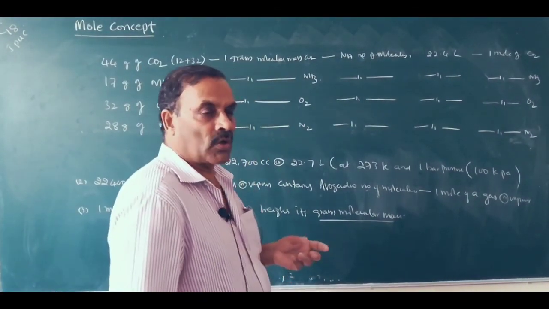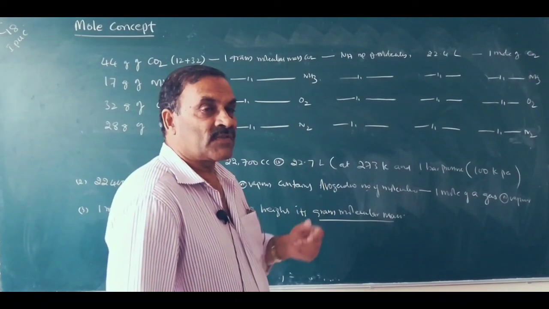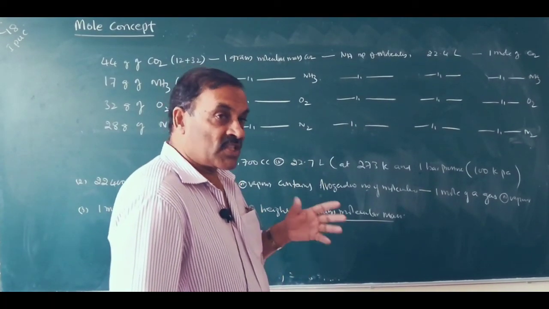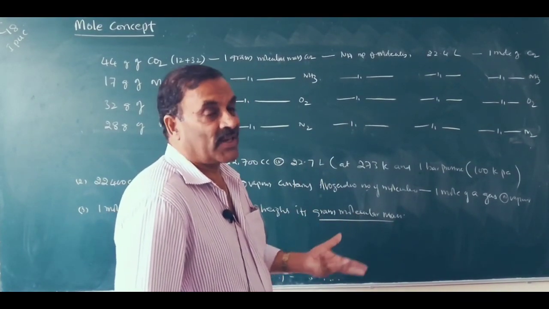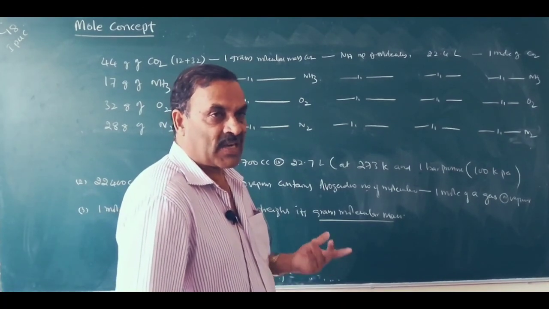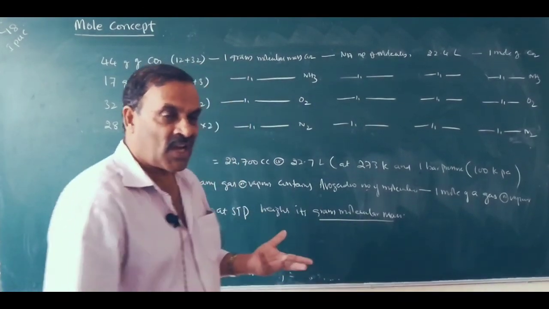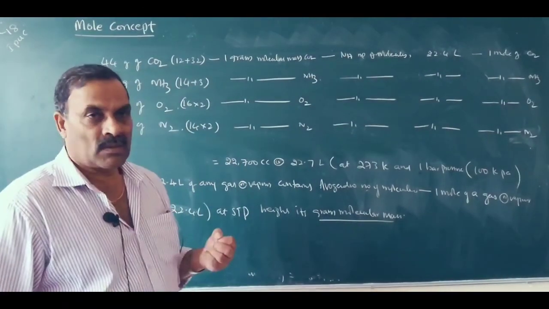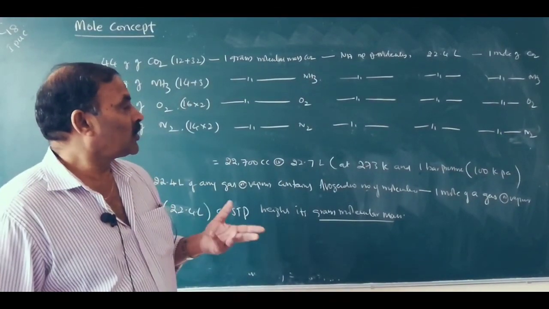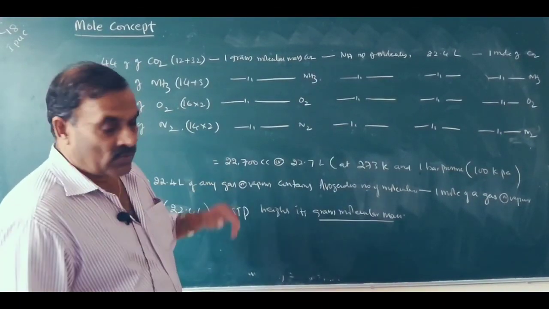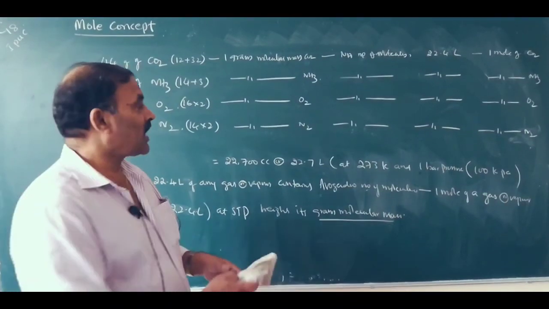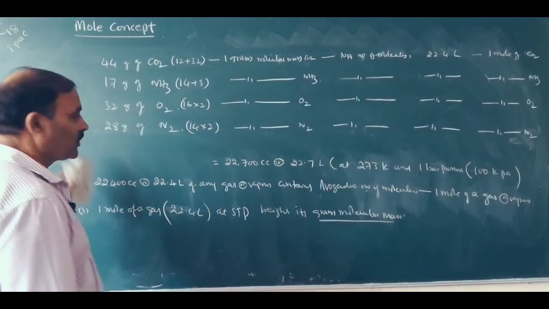What is mole? It is the amount of substance which contains Avogadro number of particles. Particles may be atoms, molecules, or ions. And then we have understood what is molar mass, molar volume, etc.